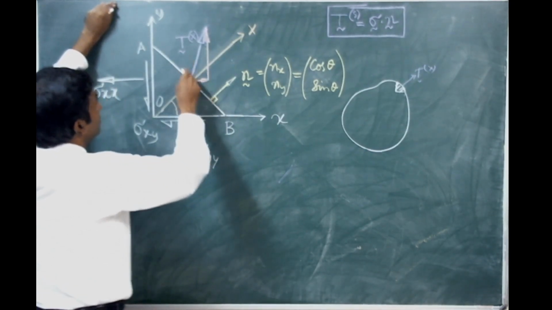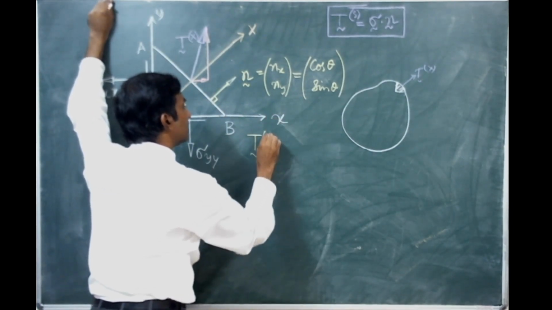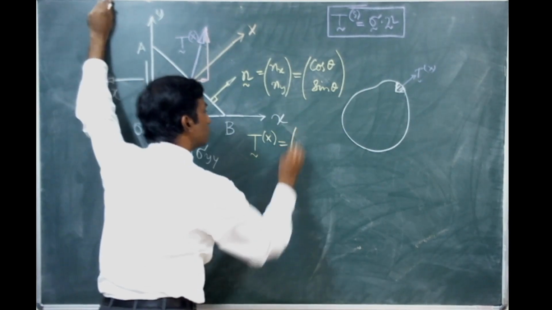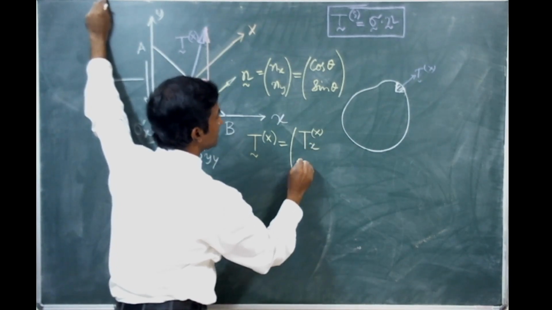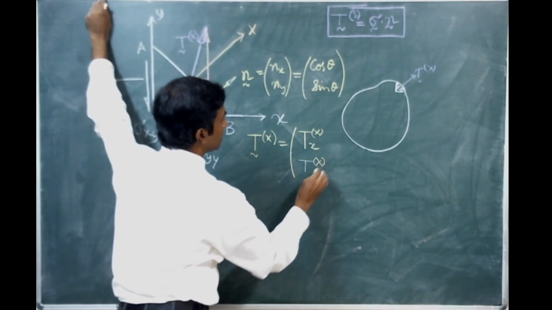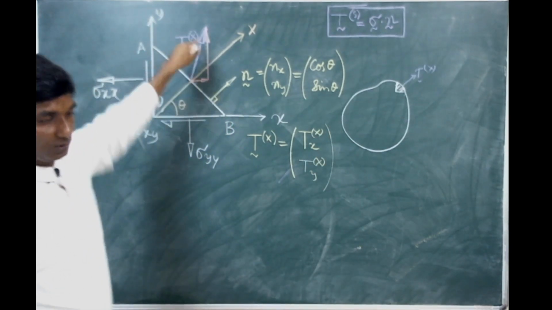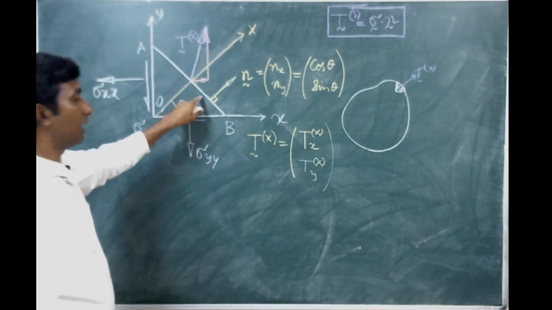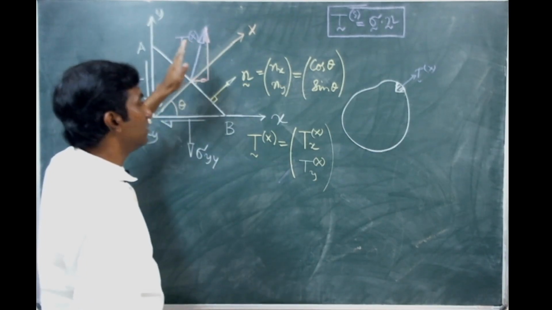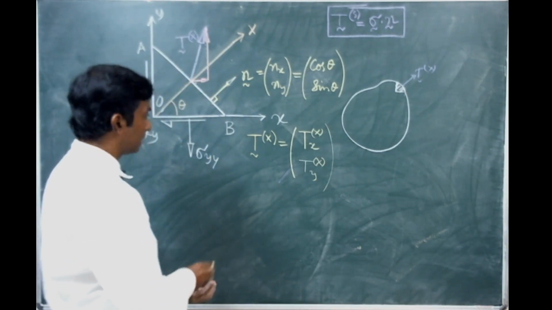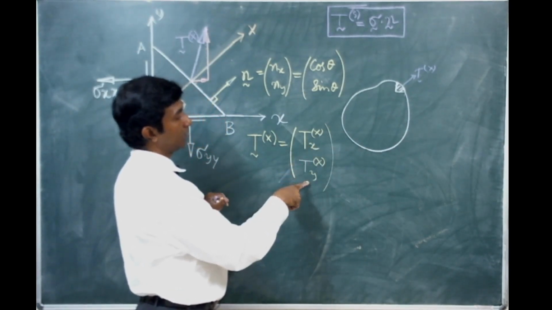So, we write T capital X has two components, T^X_x and T^X_y. We use the superscript capital X because it identifies the capital X plane. This traction vector is acting on that capital X plane. It has two components, along the small x direction, that means horizontal, and the vertical direction.